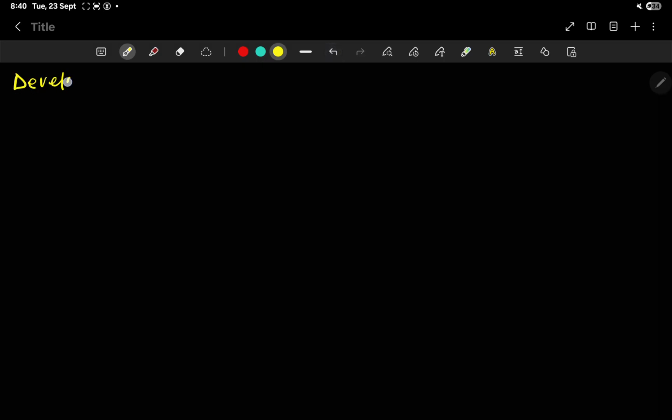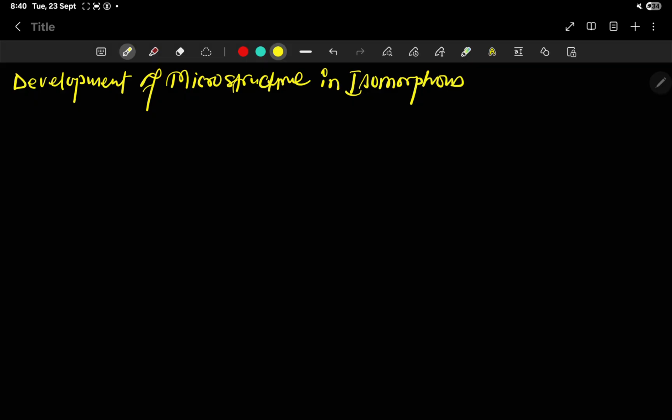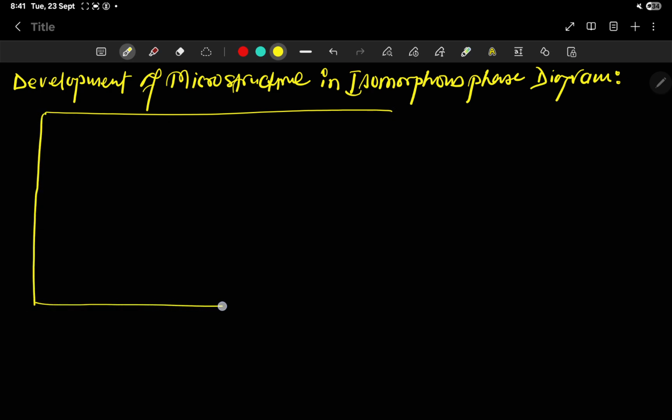Development of microstructure in isomorphous phase diagram. So first draw that isomorphous phase diagram.